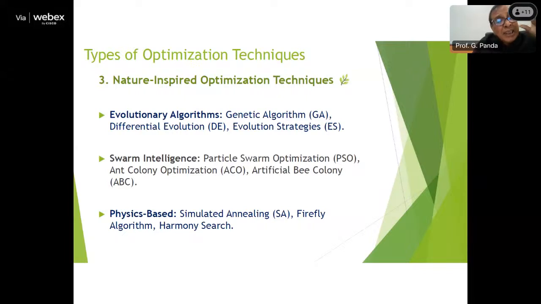The next category under nature-inspired technique is swarm intelligence. Under swarm intelligence, particle swarm optimization, the behavior of the birds, PSO, ant colony optimization, the behavior of the ants, artificial bee colony, ABC optimization.